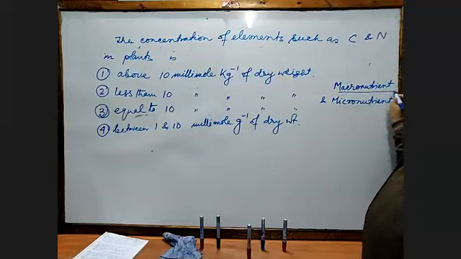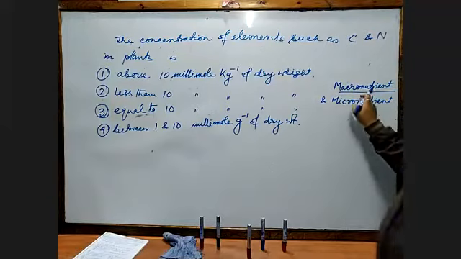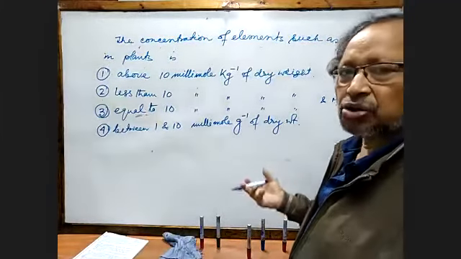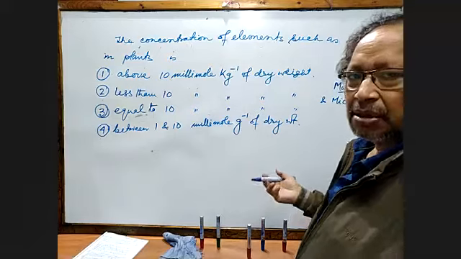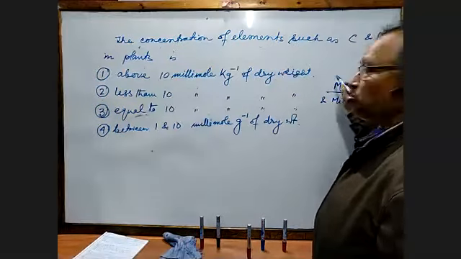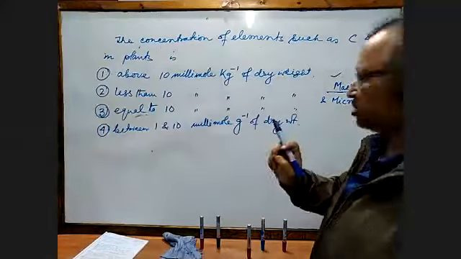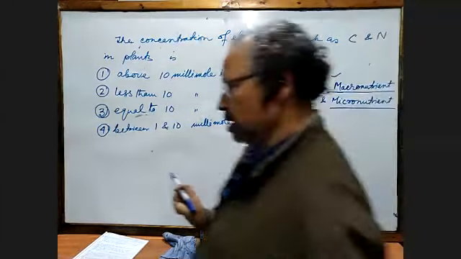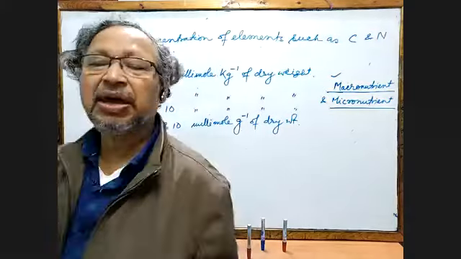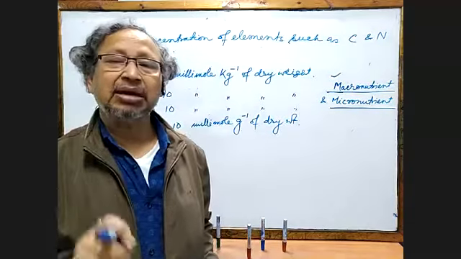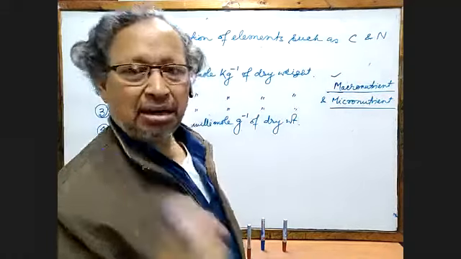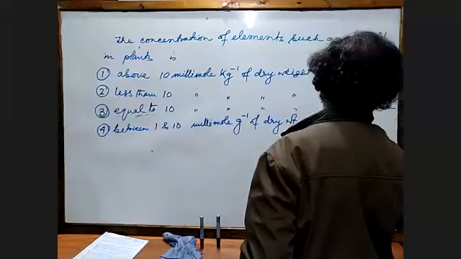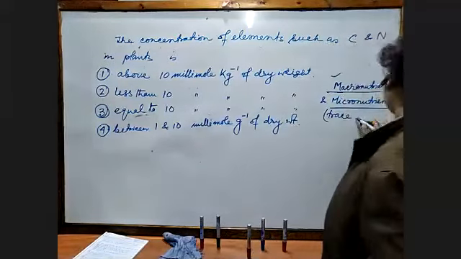Actually, macronutrients are those found in the plant in large quantity. Their quantity requirement is more for certain elements, and for some other elements their requirement is very, very less. They are required in trace amounts, and that's why micronutrients are sometimes also known as trace elements.